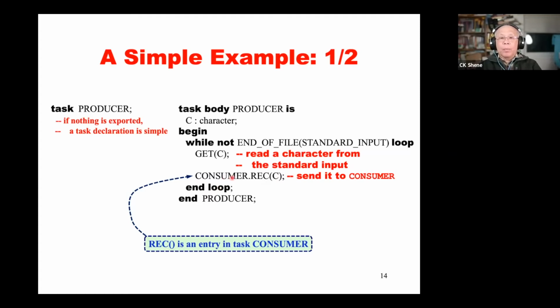If this producer calls the entry REC and the consumer is not yet there to accept this REC call, the producer is blocked here until the consumer executes the accept of this REC call, then processes it, and finally, after processing, the consumer resumes its execution, and the producer also resumes its execution and goes back to the beginning. And this is an infinite loop.